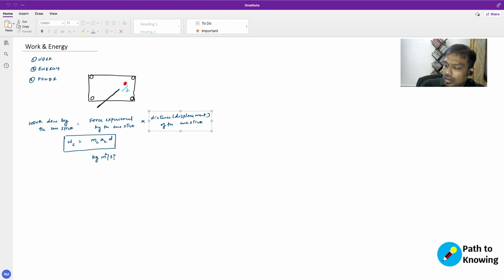Now, 1 kilogram meter squared per second squared is considered to be 1 joule, and this is the SI unit for work.